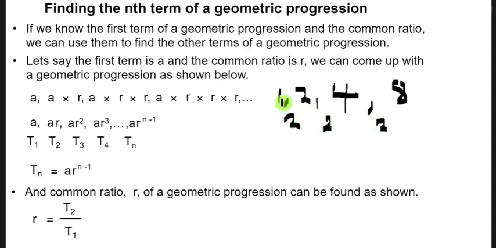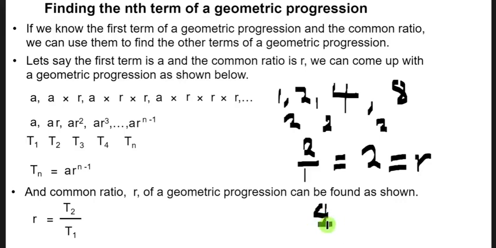For you to know this one, it is simple. If you get the second term, for instance 2, divided by the first term, which is 1, when you divide this one, you get 2, which is the common ratio. Equally, if I get 4 divided by 2, I'll still get 2 as the common ratio.